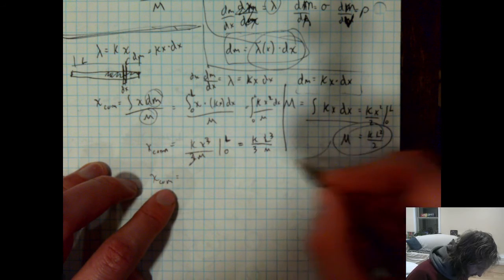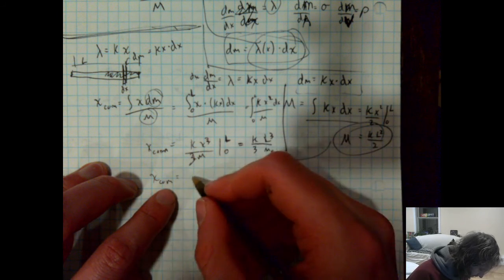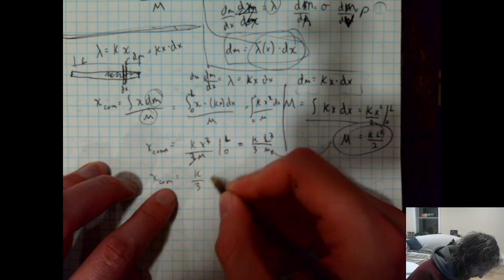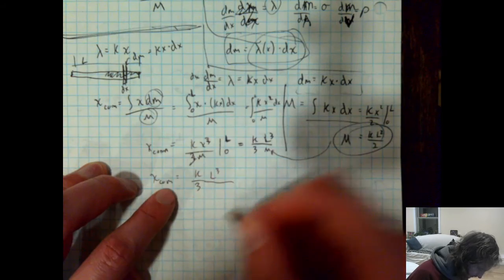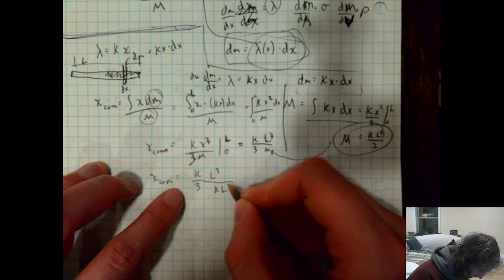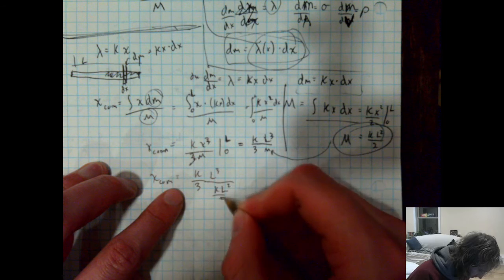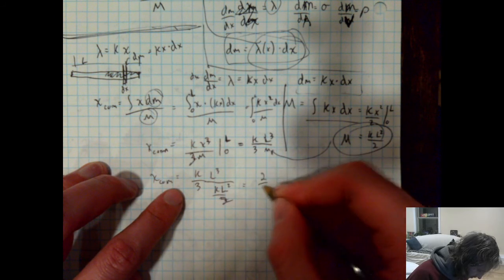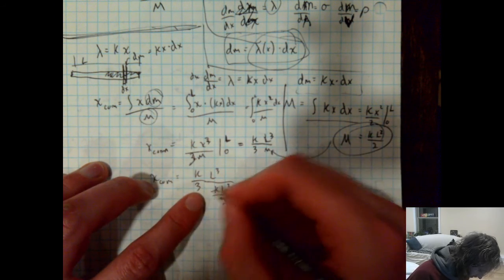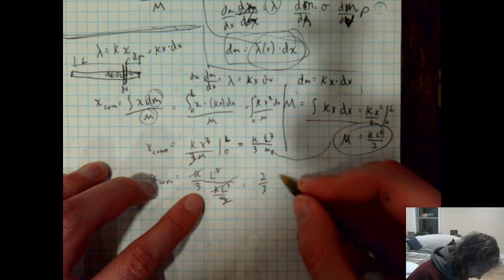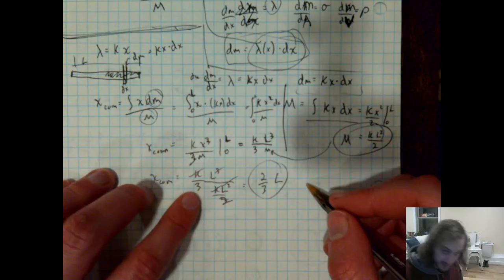Well, we can take our equation for m and plug that in. And when we do that, we'll get k over 3 L to the third divided by kL squared over 2. So 2/3, the k's drop, L squared drops, times our length will be where our center of mass is.